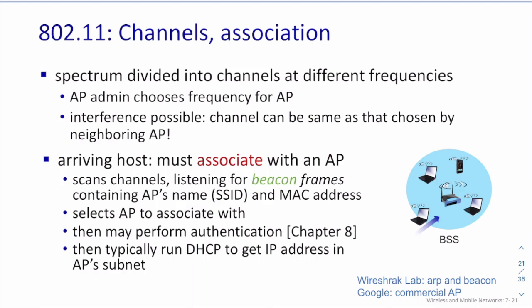As we mentioned before, again, we have 3 non-overlapping channels in 802.11 at 2.4 gigahertz: 1, 6, and 11, right? So the network administrator should select non-overlapping channels for those access points.